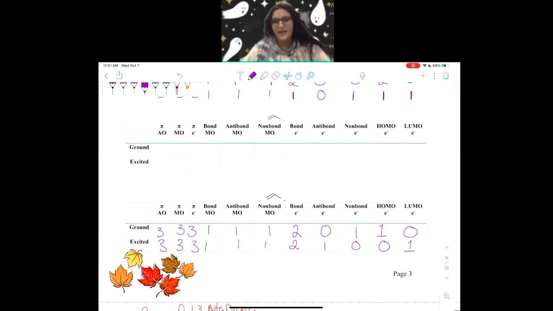So super quick, let's go back up and fill out the table. So you guys know by now that we have 3, 3, but we have 4 electrons, and then we have 1, 1, 1, and we already know that that's not going to change. But I want you guys to tell me how many bonding, antibonding, and non-bonding orbitals are there in the ground state.